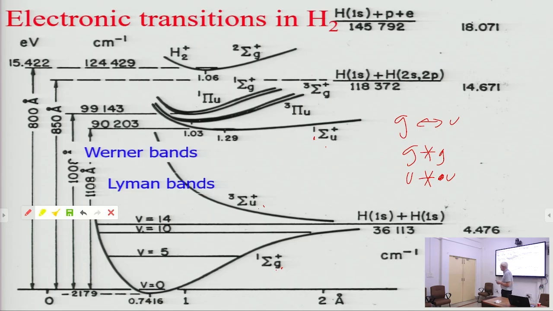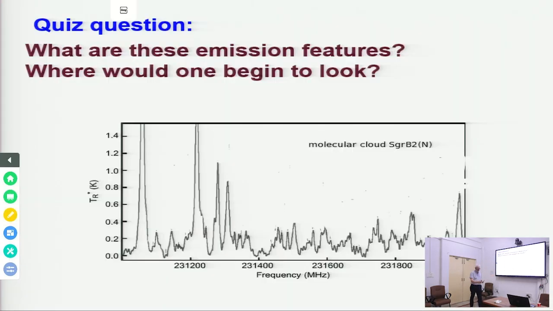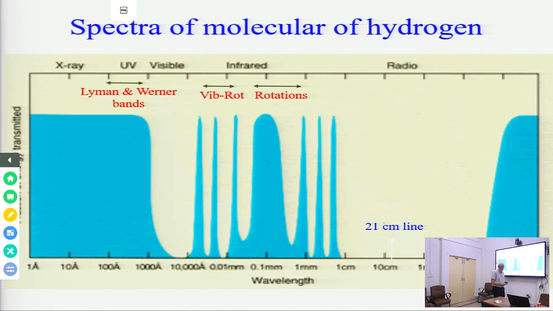So you have a situation for hydrogen like this: the rotations lie far to the right, so it can be attributed to the ground state.